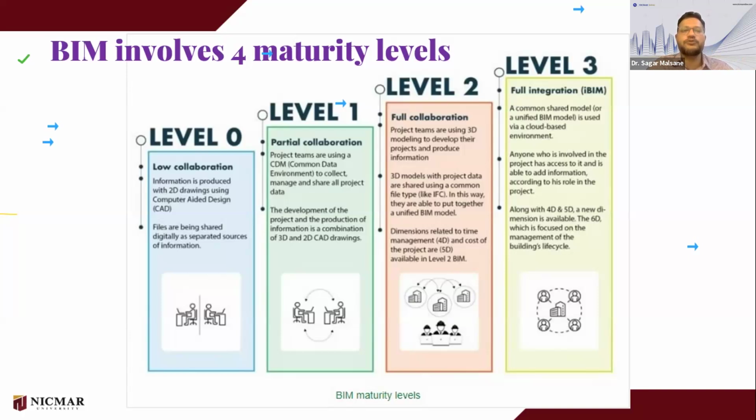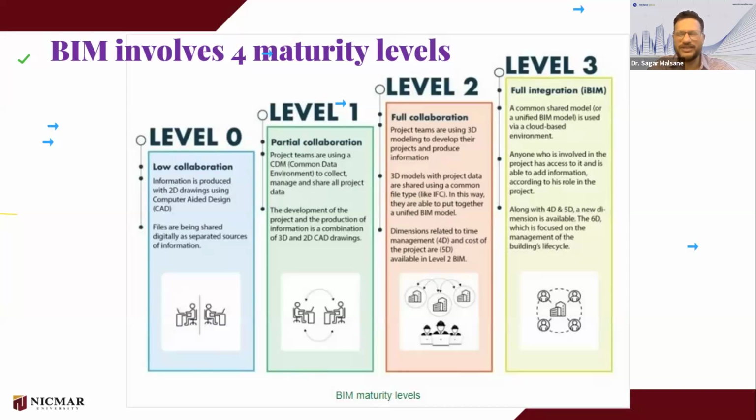Okay, so for example, if you are not having any kind of collaboration, that means it is a sort of level 0 BIM maturity, or you're still not using any 3D models for visualization, and you're still going ahead with your 2D CAD practices, then that's level 0. Level 1 is partial collaboration. That means you have started using 3D, but you are also relying on 2D CAD.